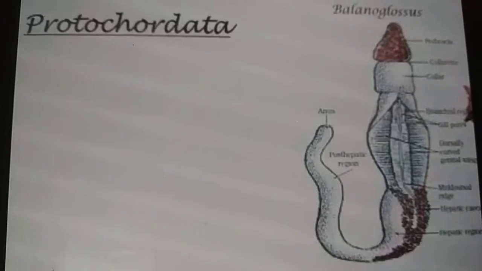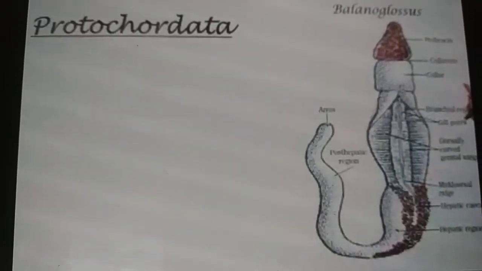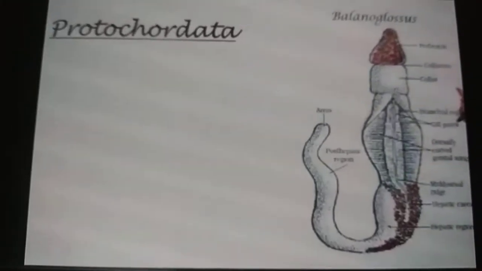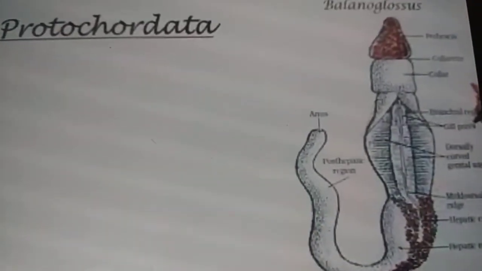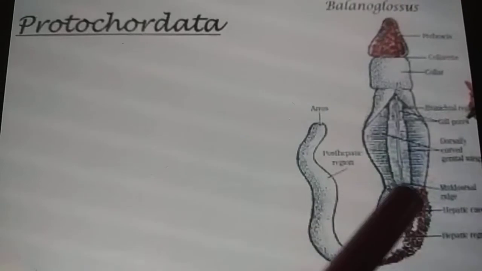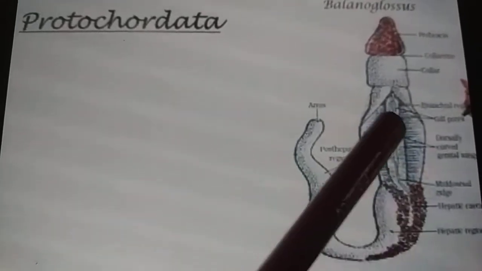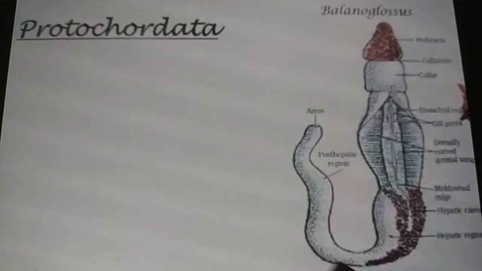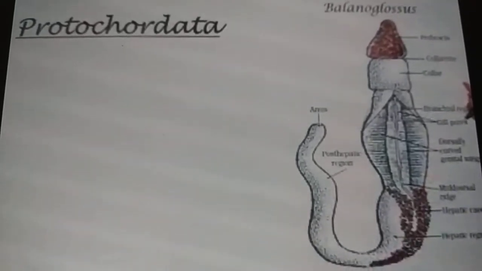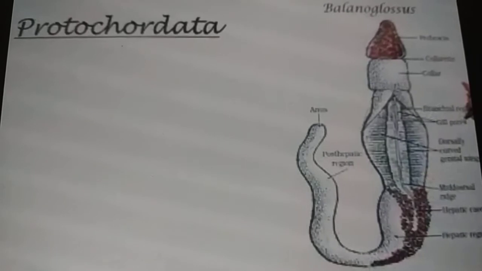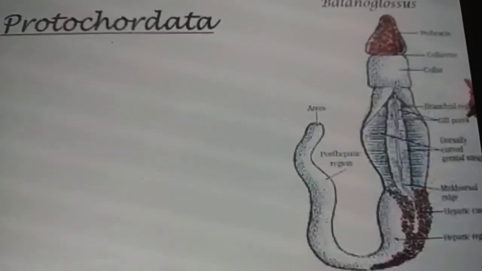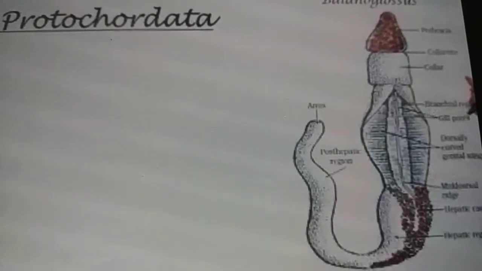The next phylum here is Protochordata. What is special in this is the chordata. The chordata means the notochord, or the central vertebral column, is present in this. These animals are bilaterally symmetrical and triploblastic. They show a new feature of the body design, namely a notochord, at least at some stages during their lives.